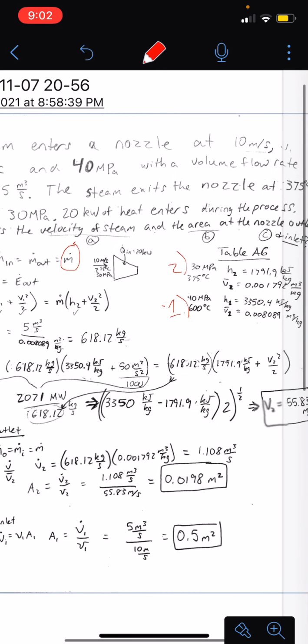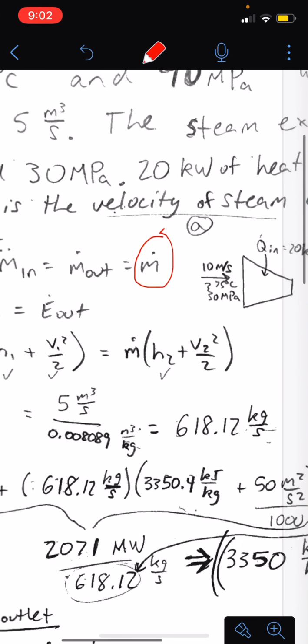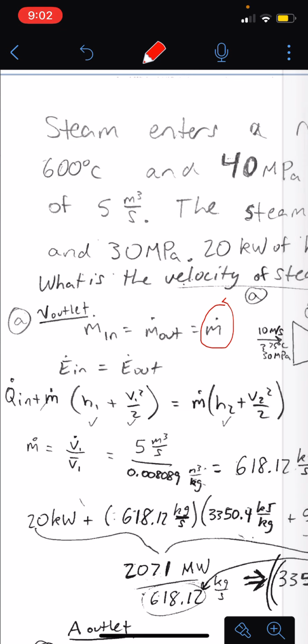So checking off what we have: we have H1, we have our V1, which was given in the problem. We have H2. We're looking for V2. And we also have our heat in.